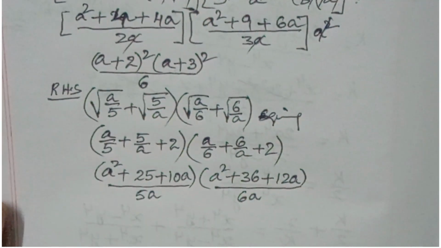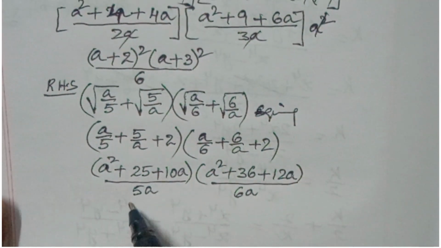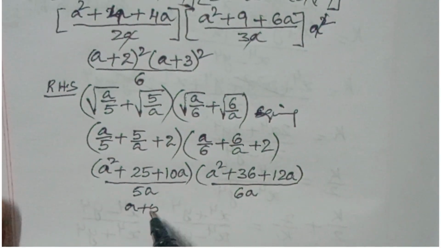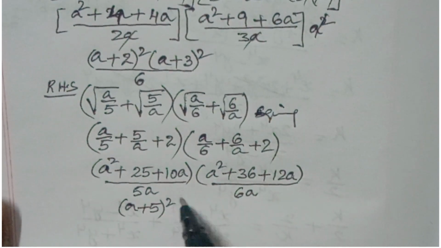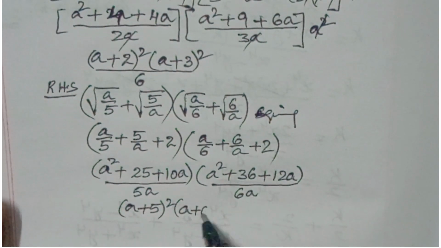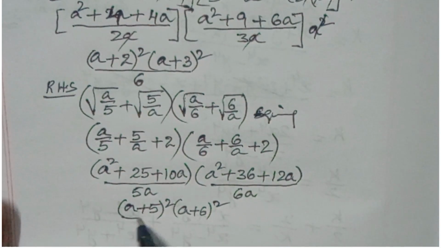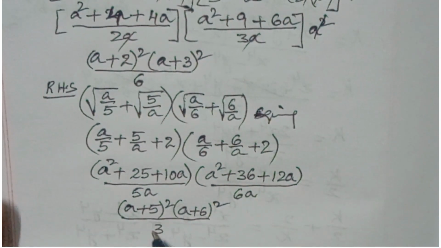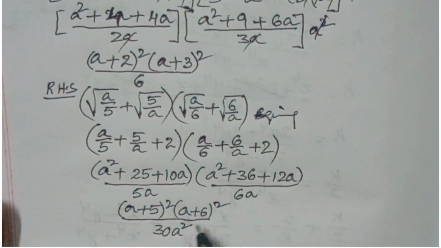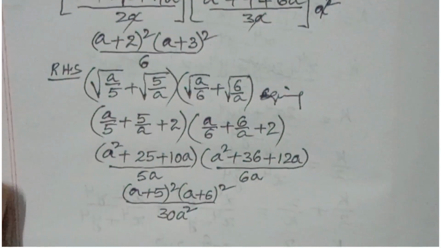Using the a plus b whole square formula, you will get (a + 5)^2 into (a + 6)^2 by 30a^2. This is the value of RHS.